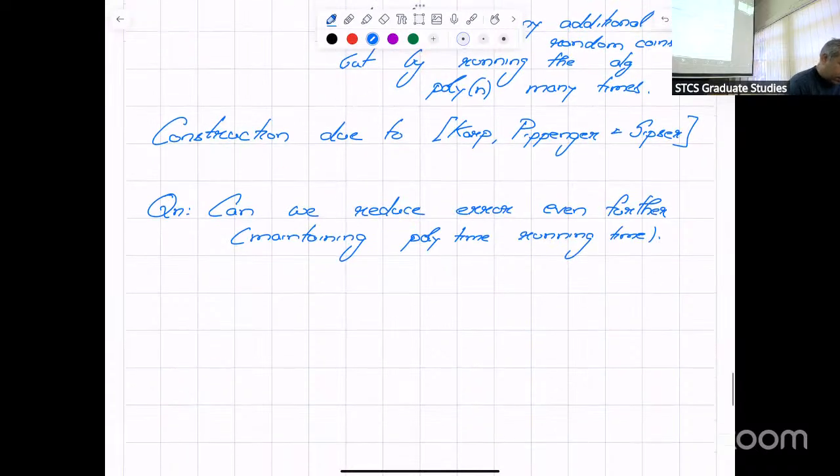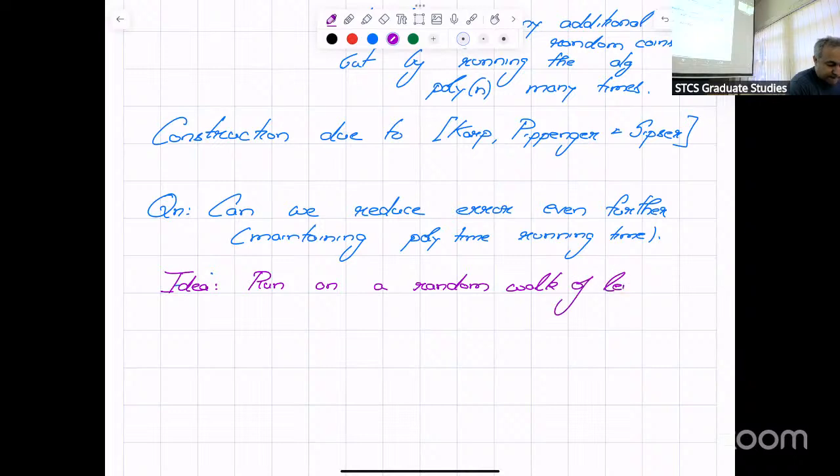The idea is going to be to run on a random walk of length L instead of a ball of radius L.